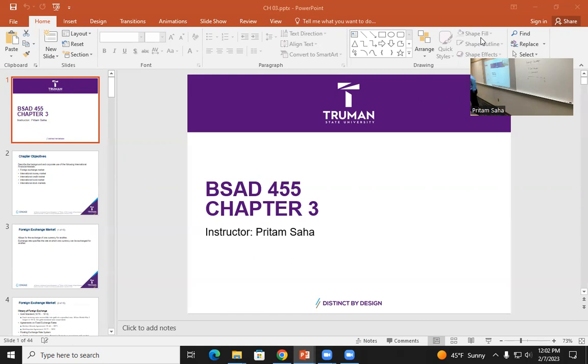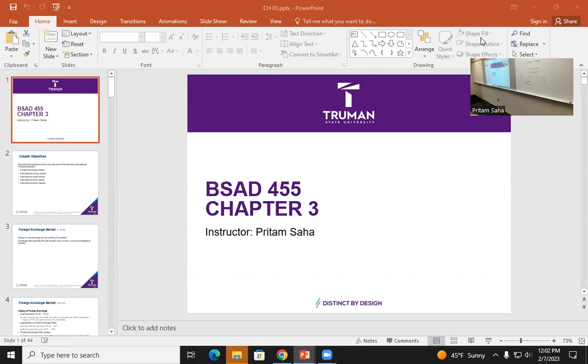Spot trade, right? So when you trade in the spot market, we decide on the rate or price today, and we also make the transaction today. The rate we transact at is called the spot rate. Now the derivative market is different.